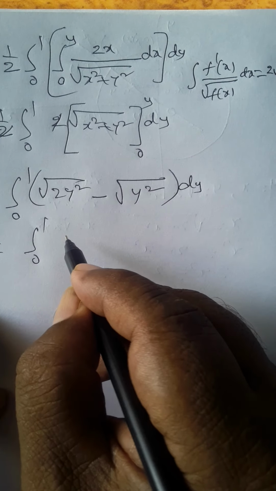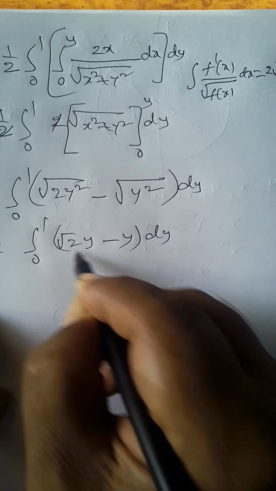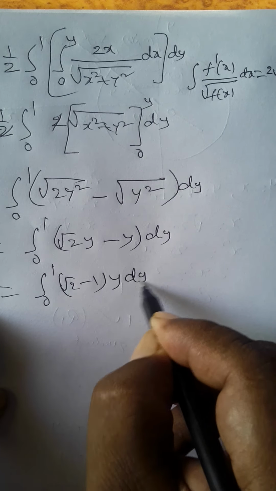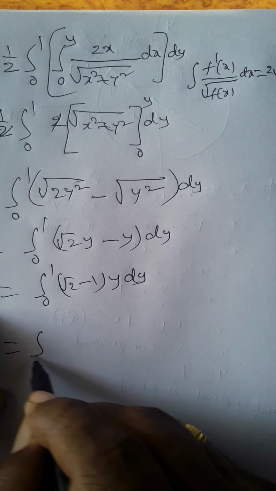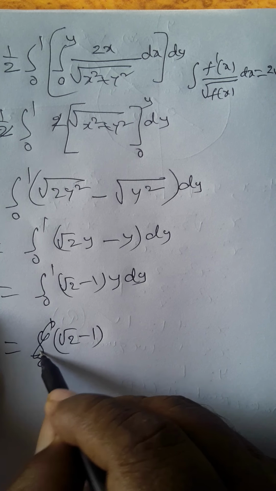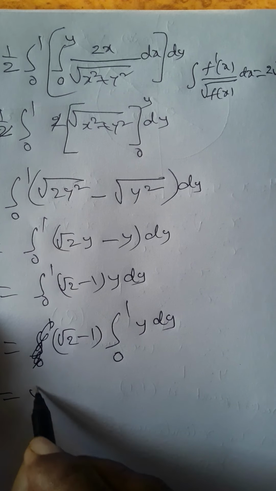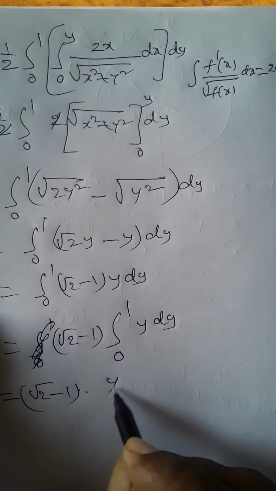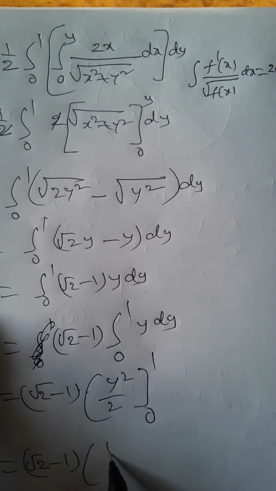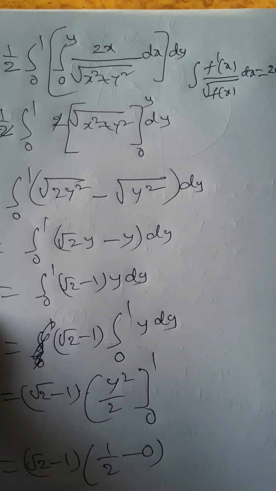Integral 0 to 1, root 2y minus y dy, which is root 2 minus 1 common, into integral 0 to 1 y dy. Root 2 minus 1, integral y is y square by 2, 0 to 1, root 2 minus 1 into 1 by 2 minus 0. So I1 is root 2 minus 1 by 2.